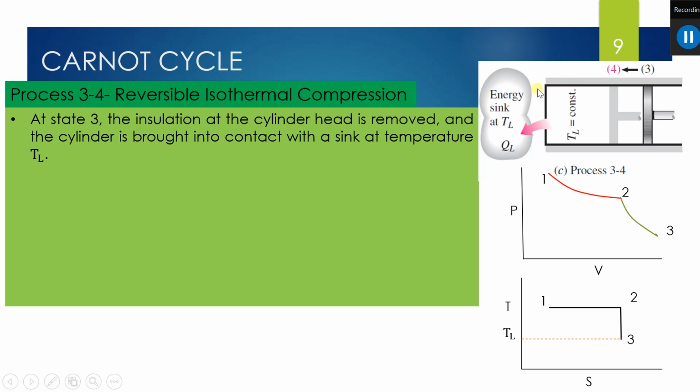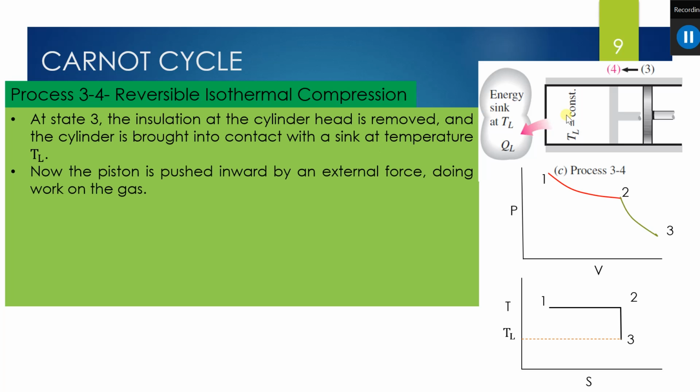Here we are removing the insulation, and a heat sink is made in contact with this cylinder. And when we apply some force on the cylinder, work is done onto the system. Because of this force, the piston moves from position 3 to 4.